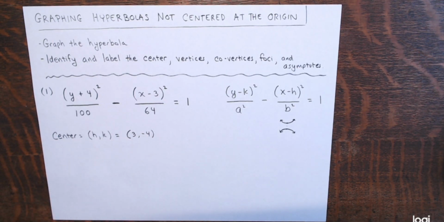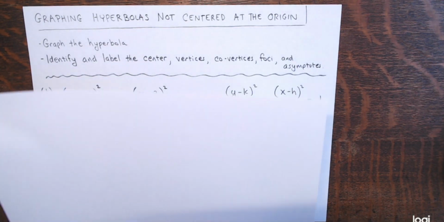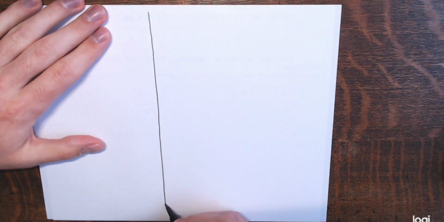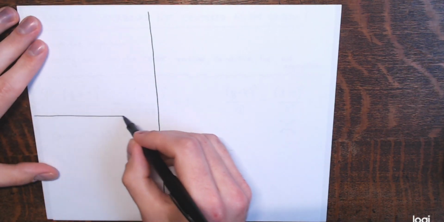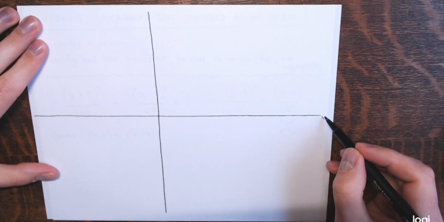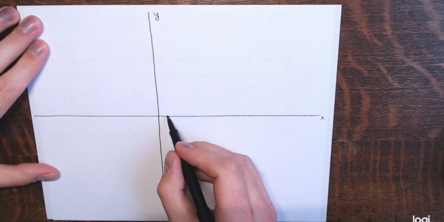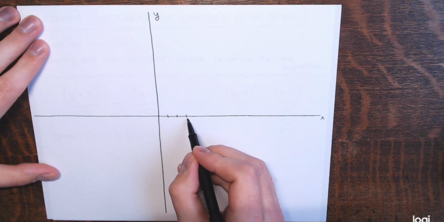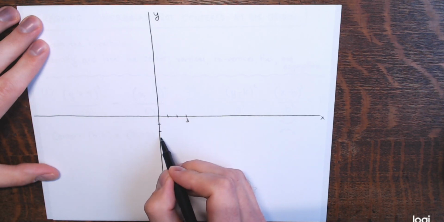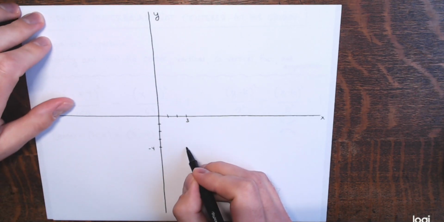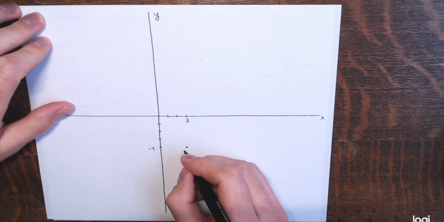And I'll start on a separate piece of paper making a rough sketch of this. I'm just making an xy plane. And the center I just said was at 3, negative 4. So 3 for x, negative 4 for y, right, and a little dot there. There's the center.